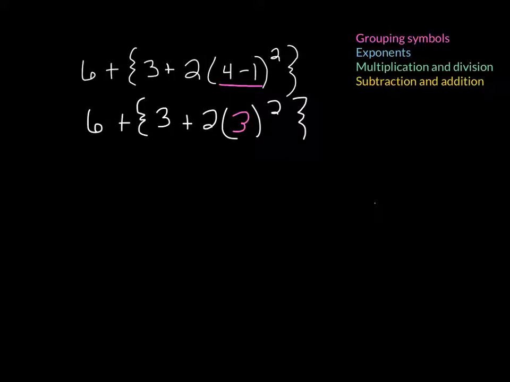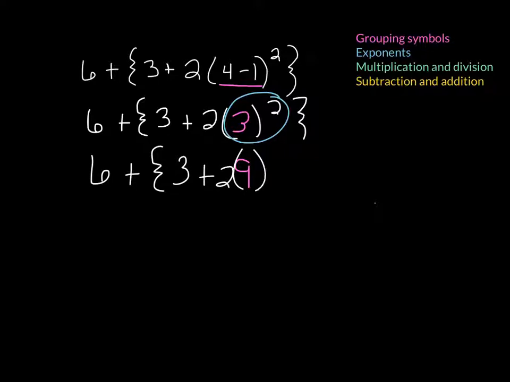Now within the grouping symbol, the next step would be the exponent, because exponents come before multiplication or addition. And then 3 squared would be 9. And again, everything else comes down exactly as it is. Just change one thing at a time.